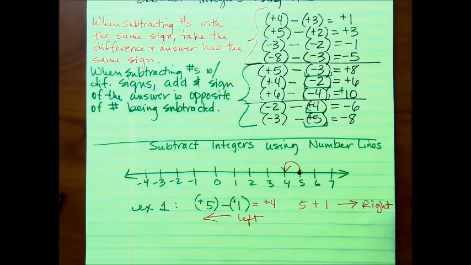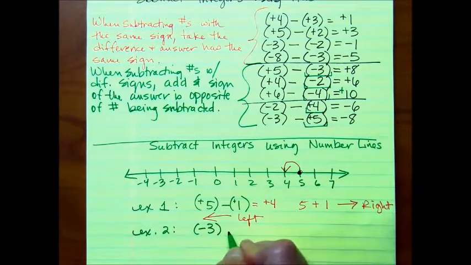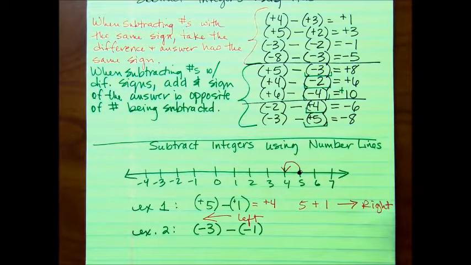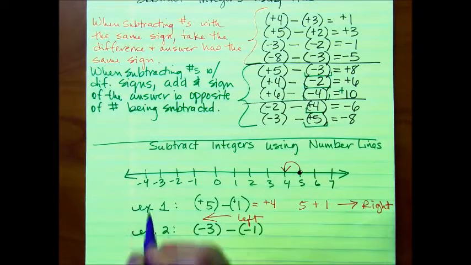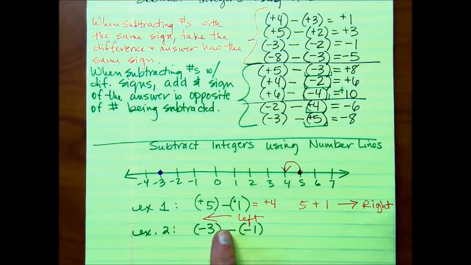Okay, let's do another example. So example number 2. Let's say we have negative 3, and I want to take away negative 1. Negative 3 take away negative 1. Let's first find where negative 3 is, and that's going to be over here. Now, we said earlier that when we're taking away, we're going to the left.